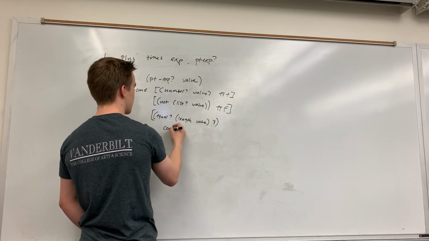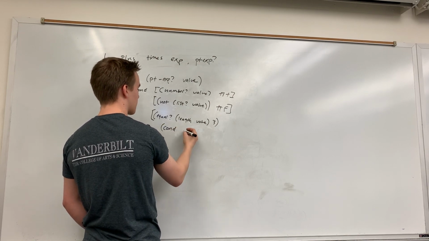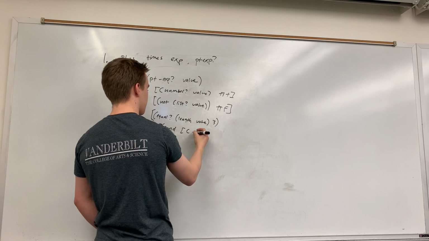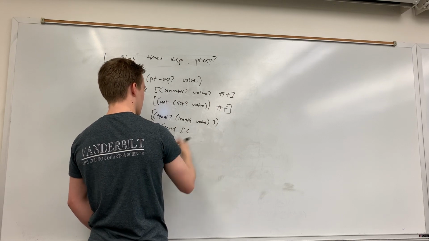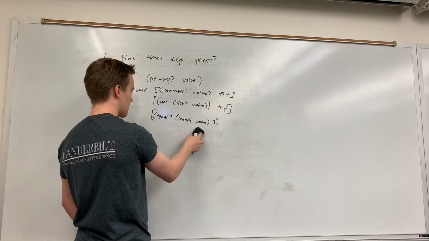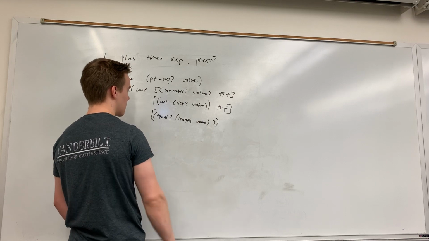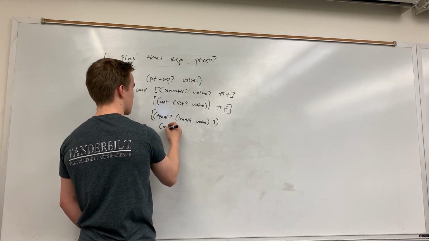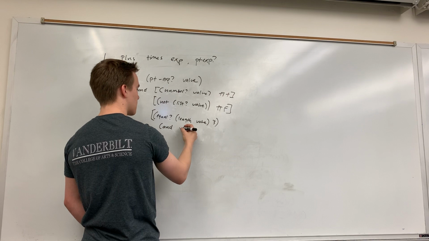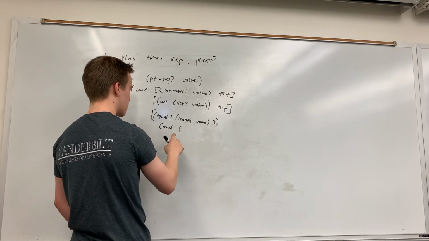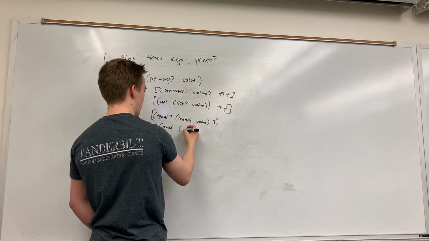Maybe I'll have another cond, a little messy, but we'll get through it. Or I can just have an and, right? So we know the list length is equal to 3. I'll say and, these are all going to be my true or false values.